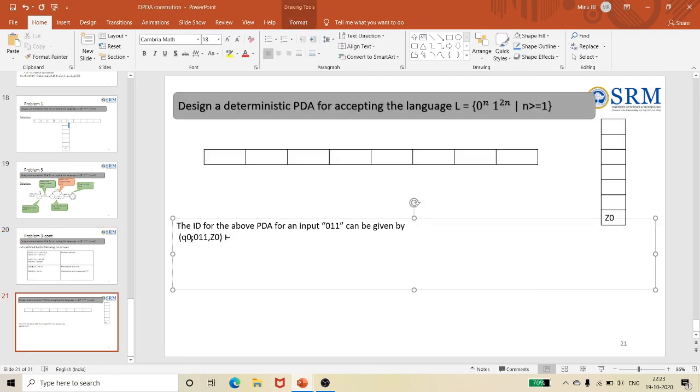See, q0 0 1 1. What happened, if it is 0 it will be pushed, so q0 1 1, then my 0 is on the stack. Then in the q0 state if it is a 1, I will be going to q1 state, and 1 will be there, and 0 Z0 will be the same.